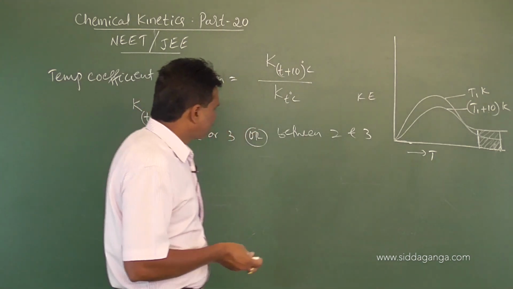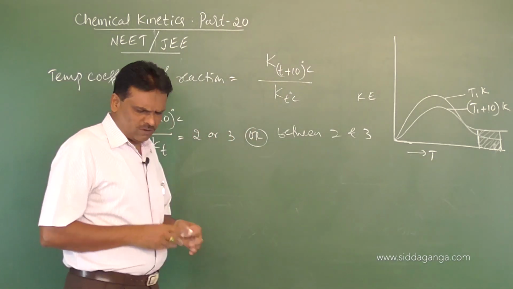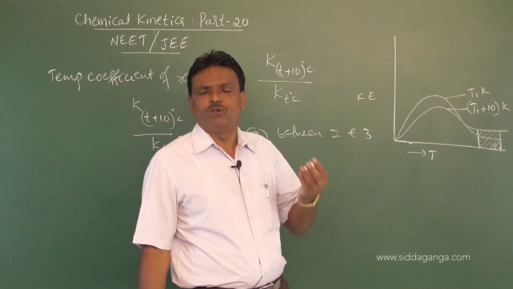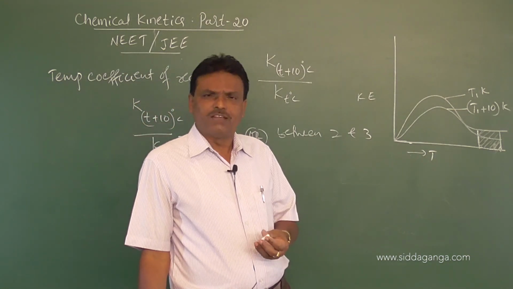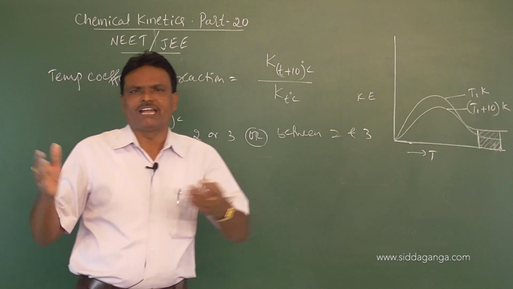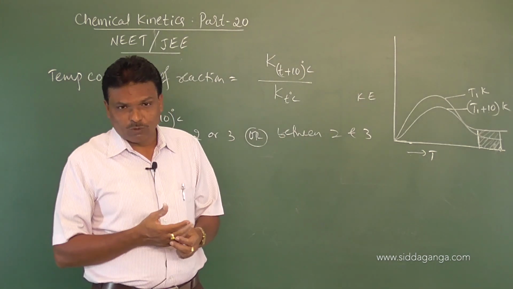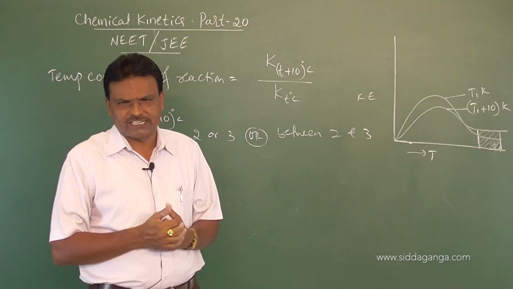So as the temperature increases, we know that in general, if the reactant molecules possess sufficient kinetic energy, they undergo effective collision that leads to the formation of products. Is it clear?